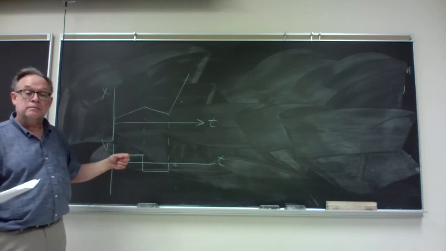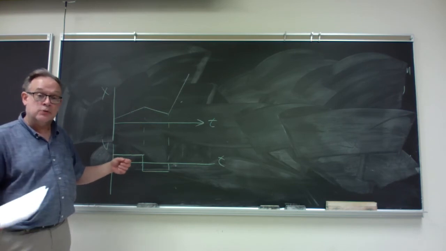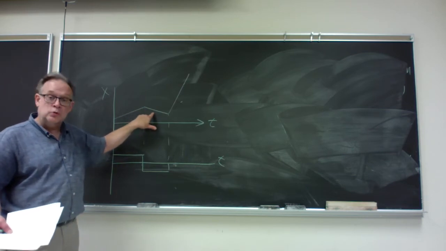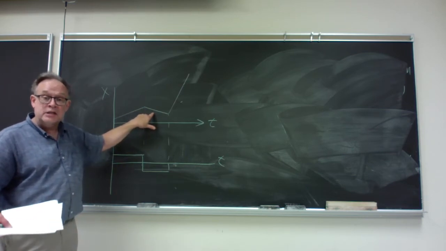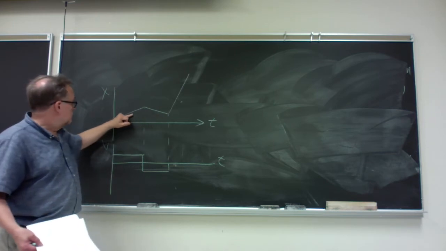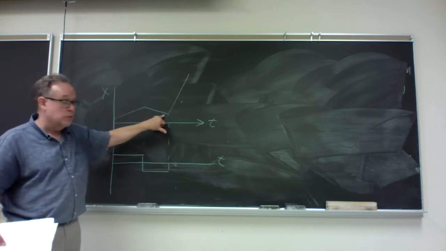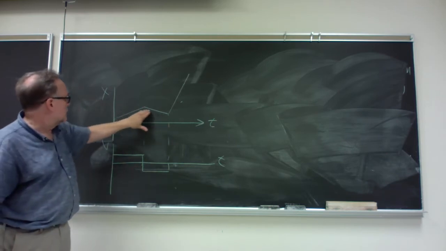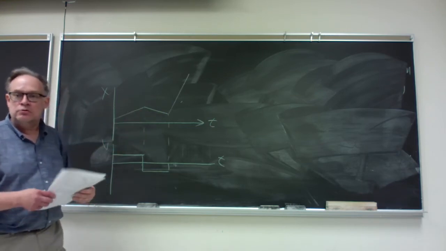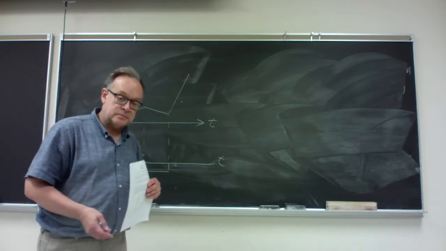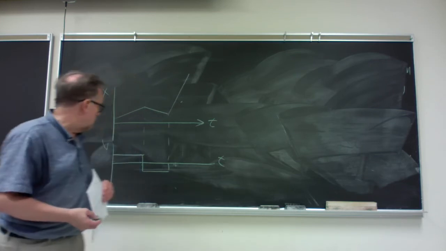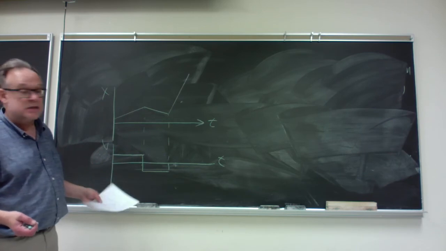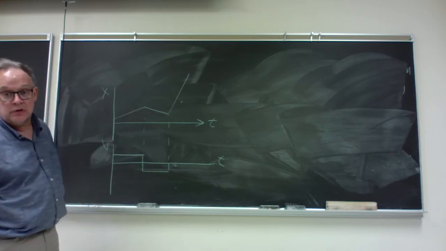Their magnitudes, their absolute values are the same because these two lines are equally steep. If the slope of this line were +2, then the slope of this line would be -2. Because it looks like a certain amount of symmetry here with the angles, you can judge that they're equally steep. Therefore, the magnitude or absolute value of their velocities is the same, even though one is a negative and one is a positive velocity.